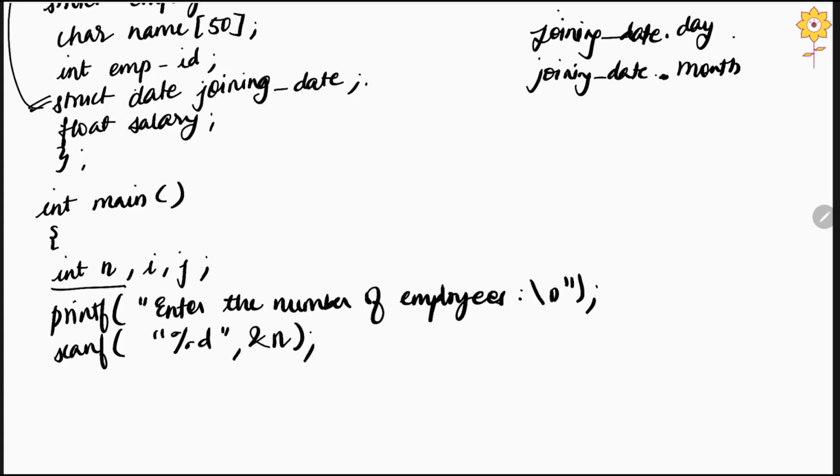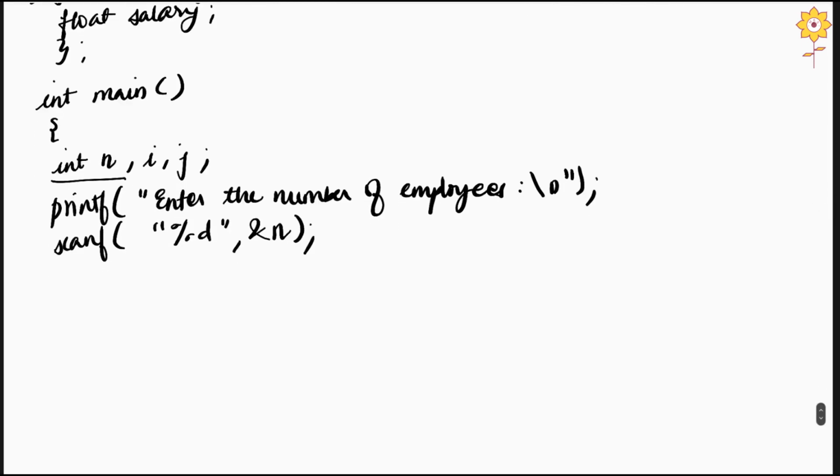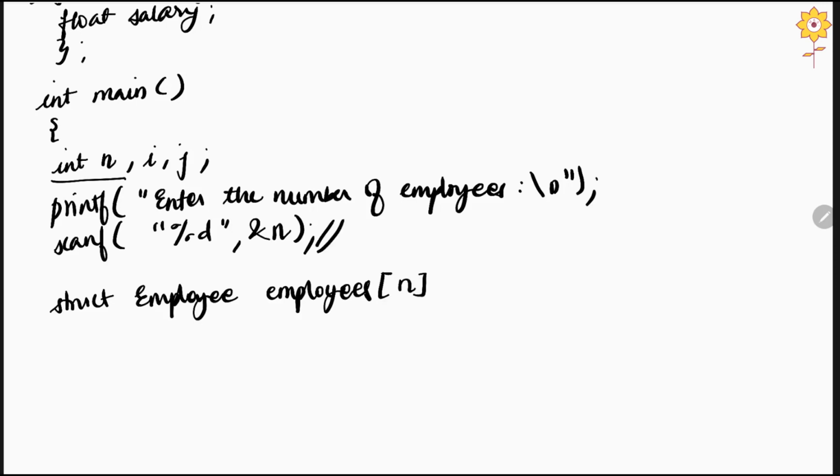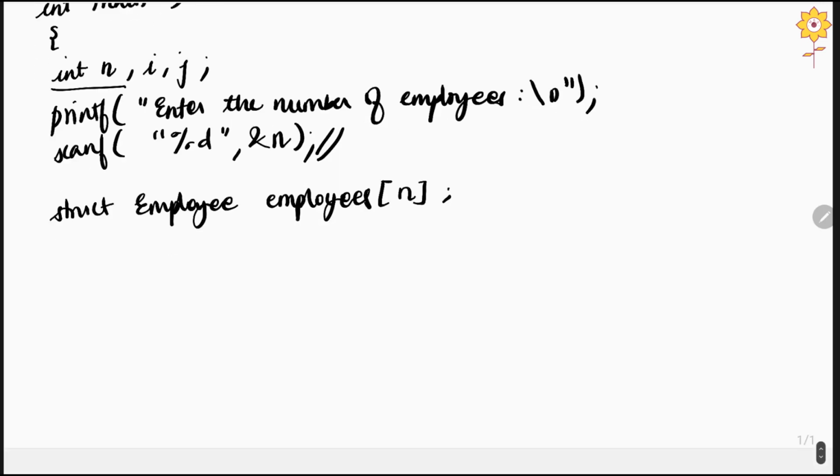So once you have received the number of employees, we are going to declare the instance of structure employee. So we will write struct employee and its instance employees, which is an array of size n, which we have taken here from the user. Now, we will take input of the employee data.